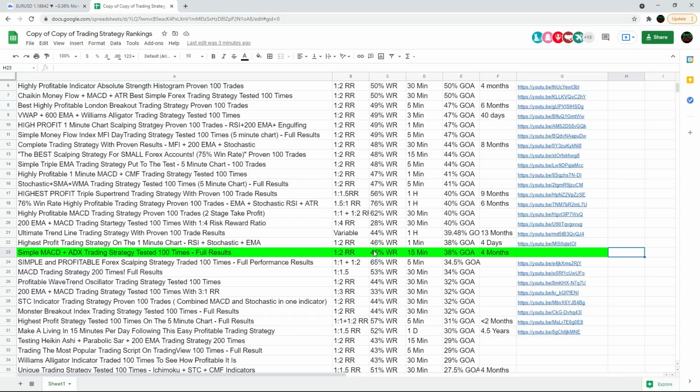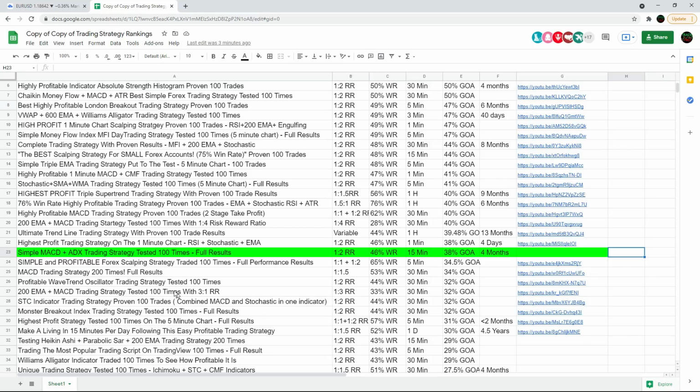And some of them fall above, but not that much above. So we have some that have 40% gain on the account. We have one that got 34%. We got 32%. Most of these other ones were tested on the 30-minute time frame, not the 15. So that's just something to note.